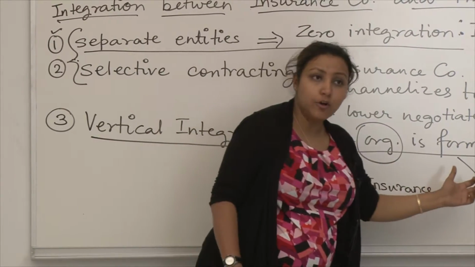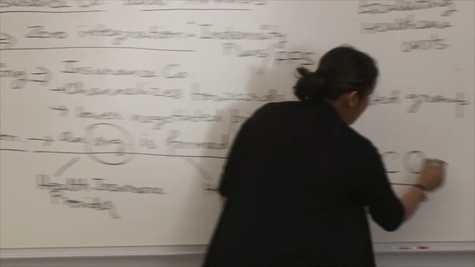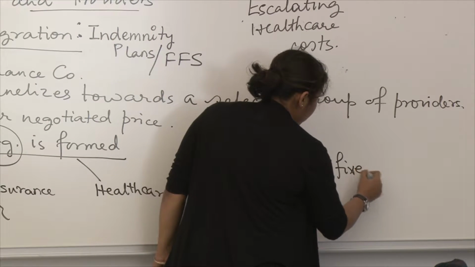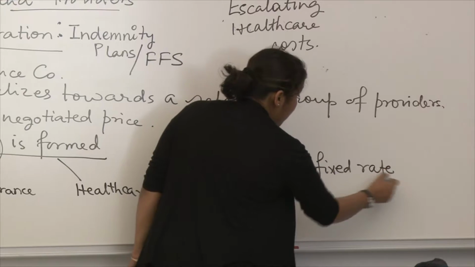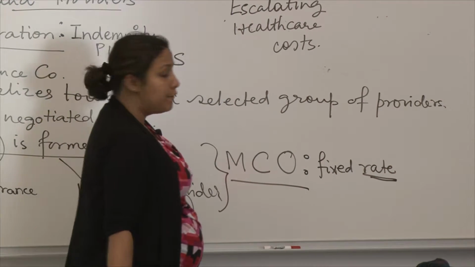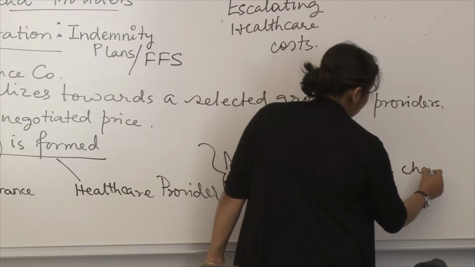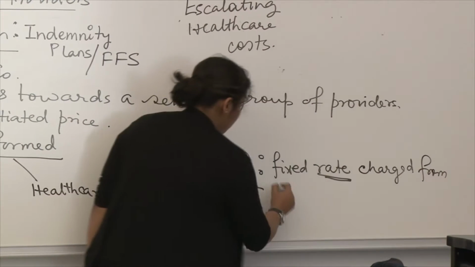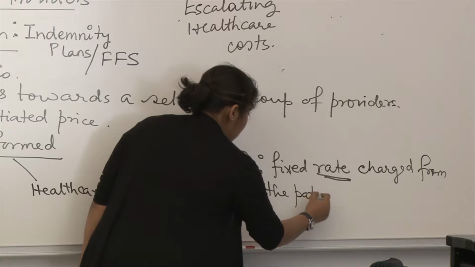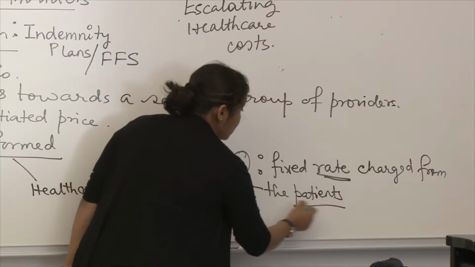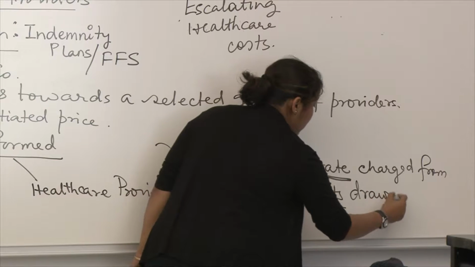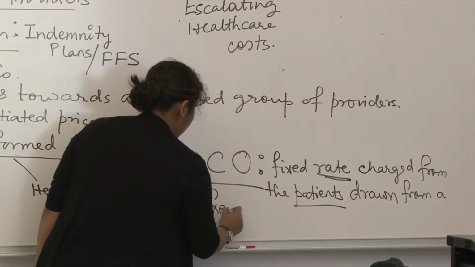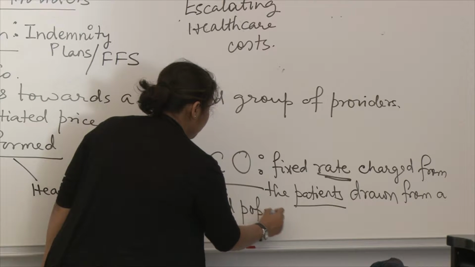That something for the patients is usually, in a managed care organization, a fixed rate, and by rate I mean the rate of premium, a fixed rate charged from the patients drawn from a fixed population.